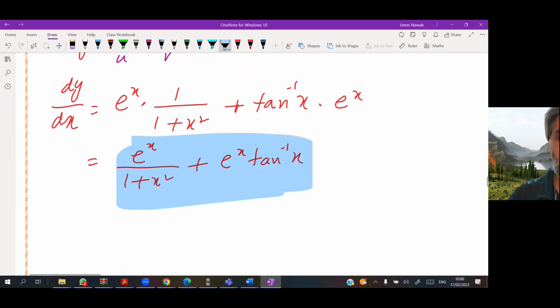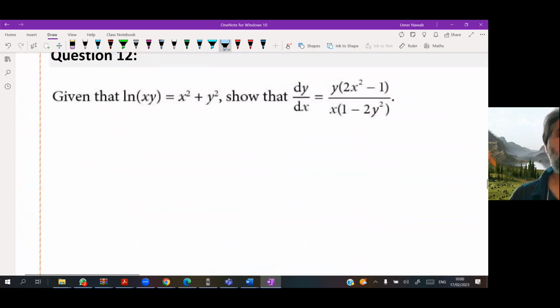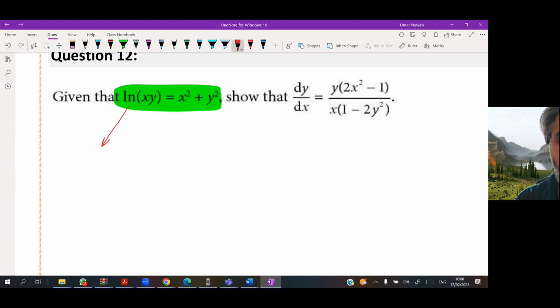Right, boys? So let's go to the next question. Question number 12. We need to prove it's an implicit equation, right? So let's try to do this. ln: reciprocal of the argument, further derivative of the argument, we need to apply the product rule, x dy by dx, and then y, the derivative of x is 1.